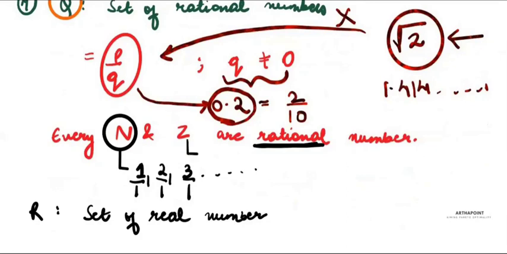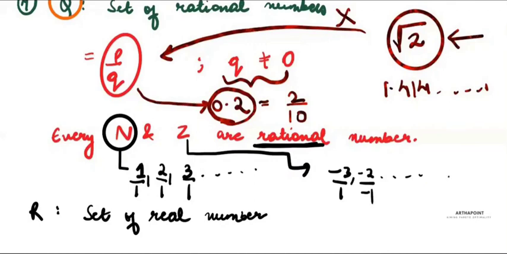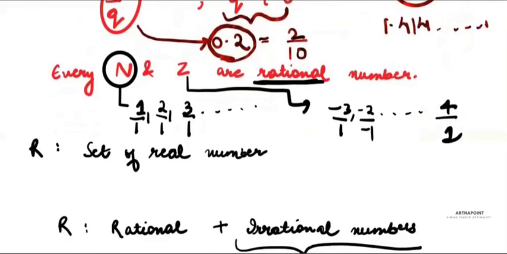Similarly, even if it is a Z, so maybe if I say -3, -2, etc., then -3 can also be written as -3 by 1, -2 can be written as -2 by 1, 4 can be written as 4 by 1. So even the set of integers are rational numbers.